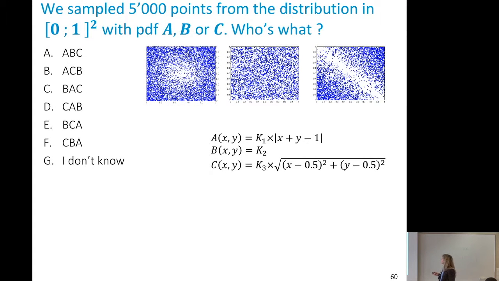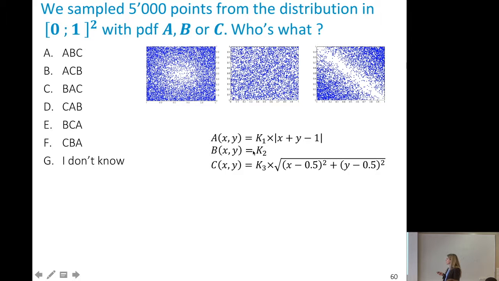So the correct answer is F, and this is why. A, the PDF A is proportional to the distance from the line x plus y equal to 1. Okay, so this is the line x plus y equal to 1, and it takes higher values. So we have more samples away from this line, and the correct one is C, so C here.